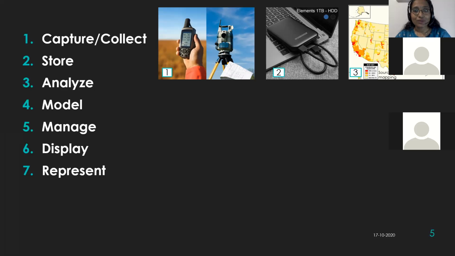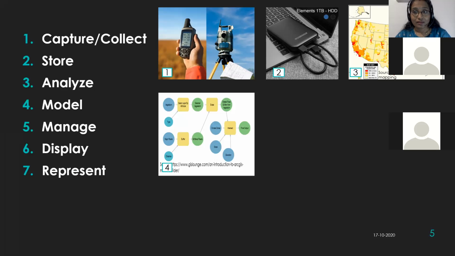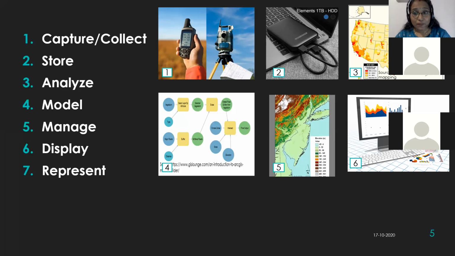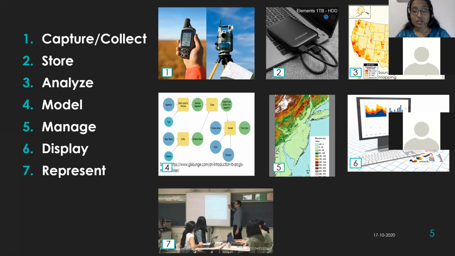After analyzing, you can use the model so that you can build a predictable setup for your execution to reduce the task. Then you can manage the data, manipulate it as per your requirements, and display and represent the data to your concerned clients. This should be done in a very systematic manner.